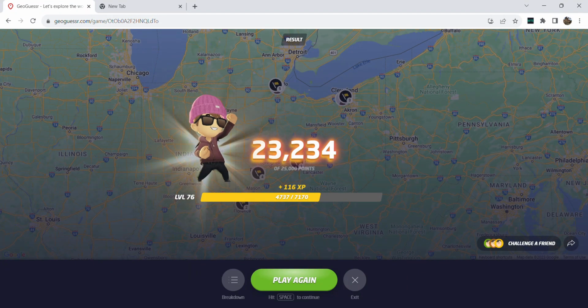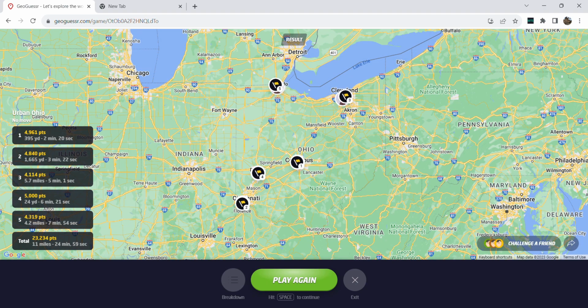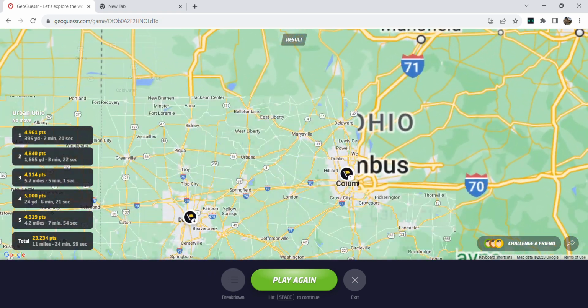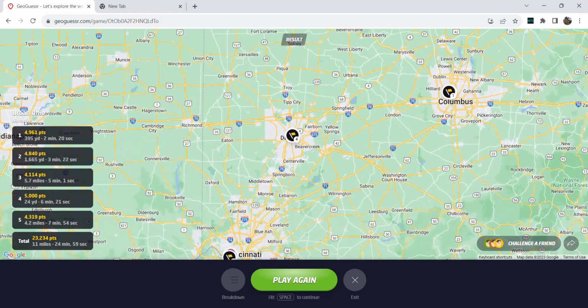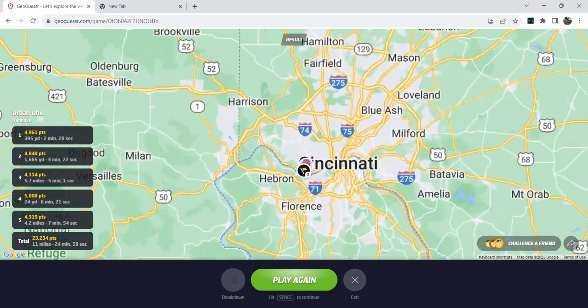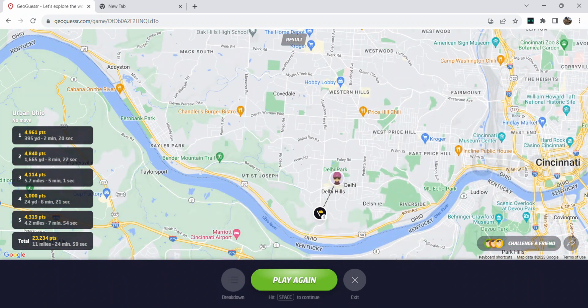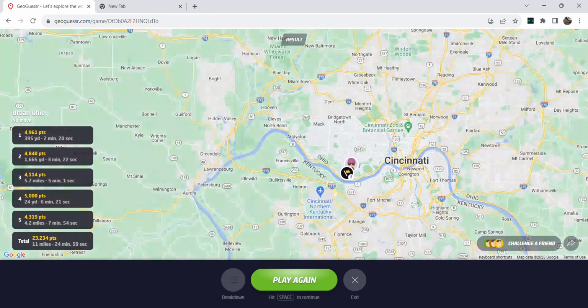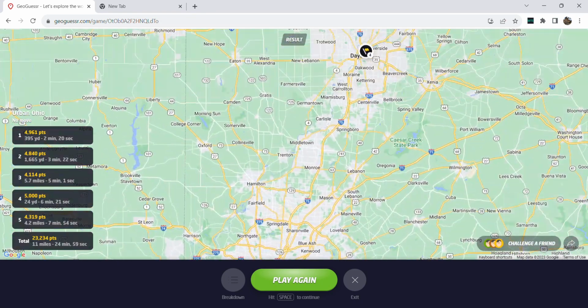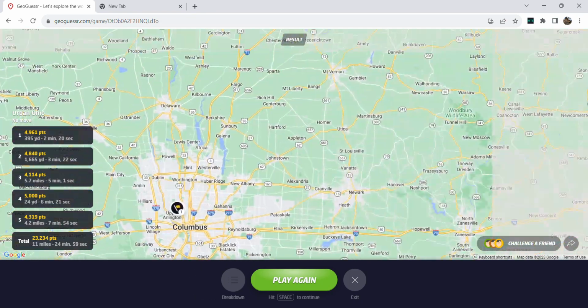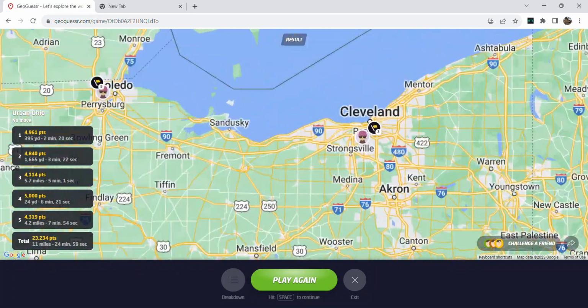Okay, so no moving in Ohio, urban Ohio, 23-34. I really think that that was a pretty good showing. Started off on Ohio State University campus. That was very distinct. Then a wild guess in Delhi, down by the river, Western Hills, Cincinnati, in round 2. Round 3 took us, I believe, to South Cleveland.